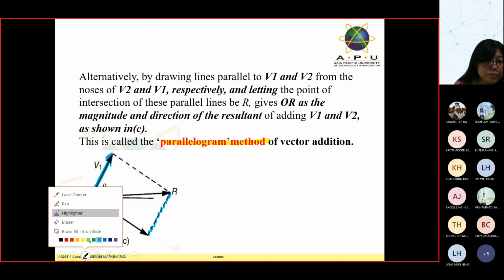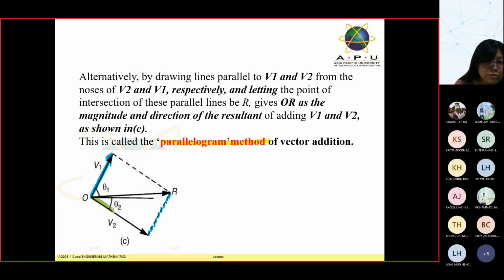For V2, we draw another parallel line with V2. The whole thing is a parallelogram, because the sides are parallel with each other.